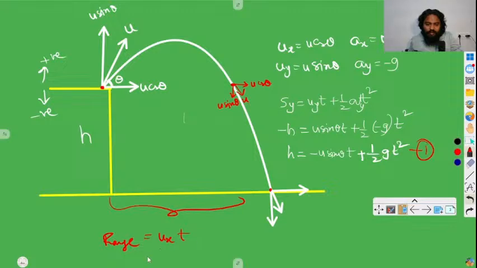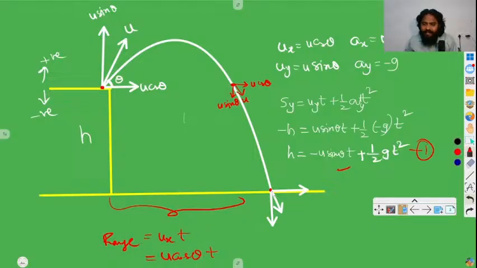So what is the horizontal distance here? Horizontal distance is u cos theta into t. This t value you should get from this equation, then only you can find this. Okay, clear? This is the formula for the range.